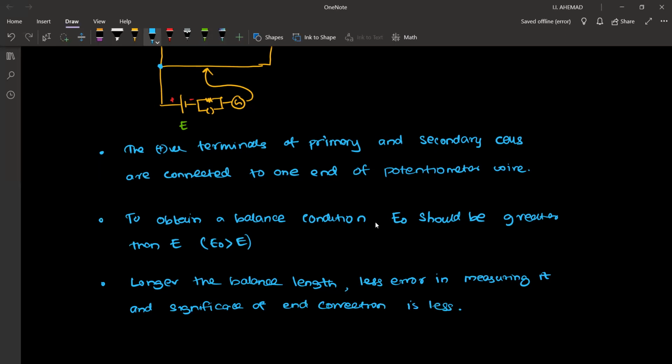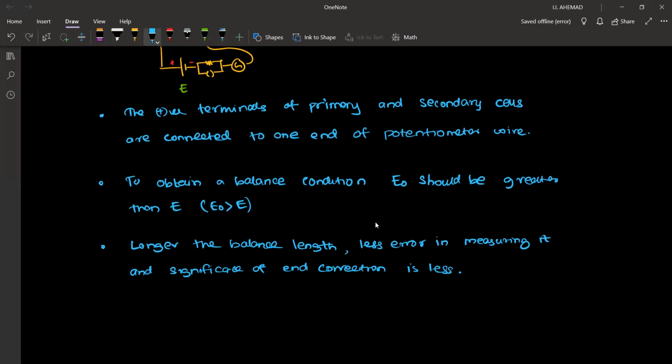So that is why we always try to keep the reading between 30 and 70 centimeter. Okay.